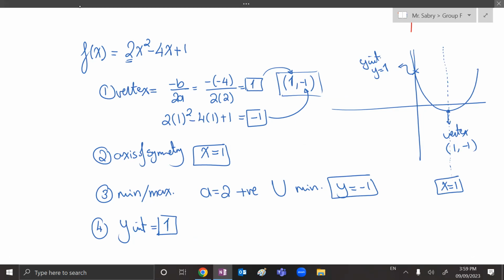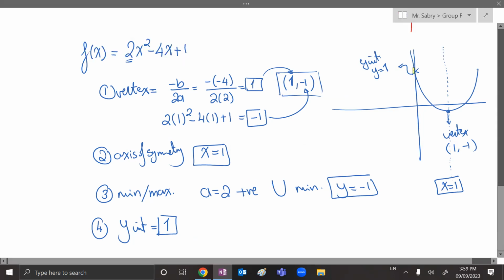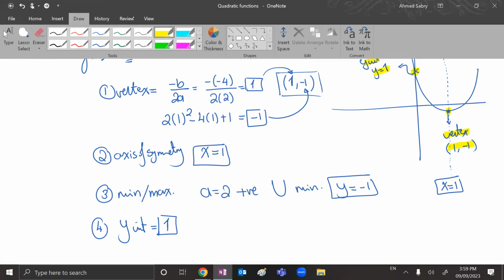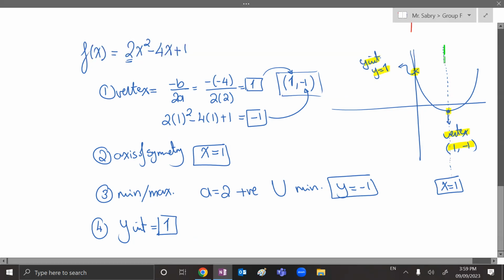That's it. This is me highlighting everything on the graph. The y-intercept, the vertex, the axis of symmetry. Vertex is right there, y-intercept is right there, and the axis of symmetry was the dotted one in the middle, which is this one, and I wrote it as x equals 1.